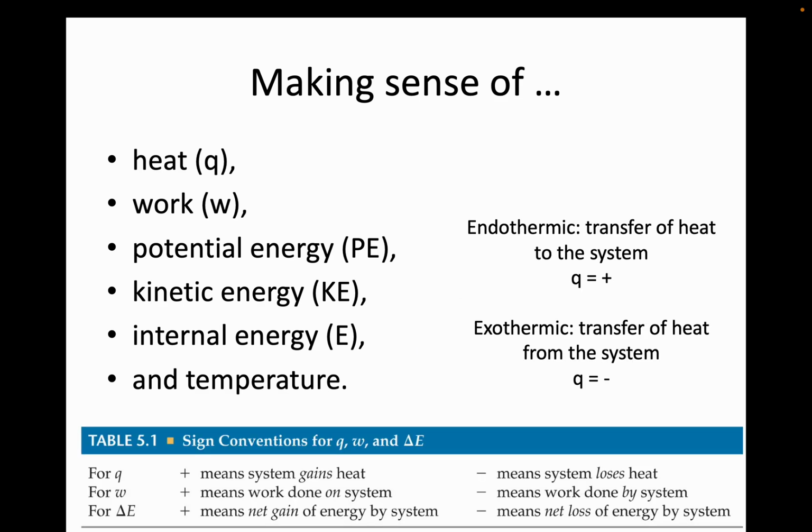If we look at the sign conventions, when Q was positive, we said that was endothermic. It involved the transfer of heat to the system from the surroundings. When it's negative, we call that exothermic, transfer of heat from the system into the surroundings. Those are summarized here in table 5.1. We want to know all of that information and the corresponding symbols and sign conventions.